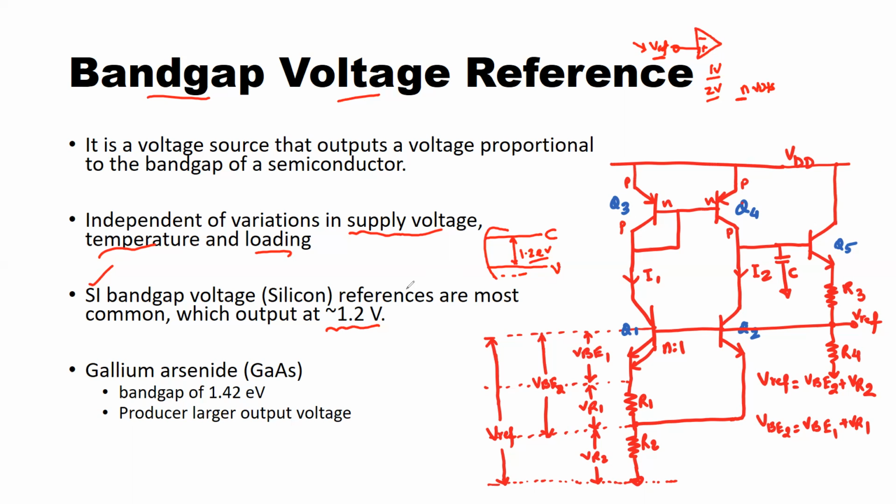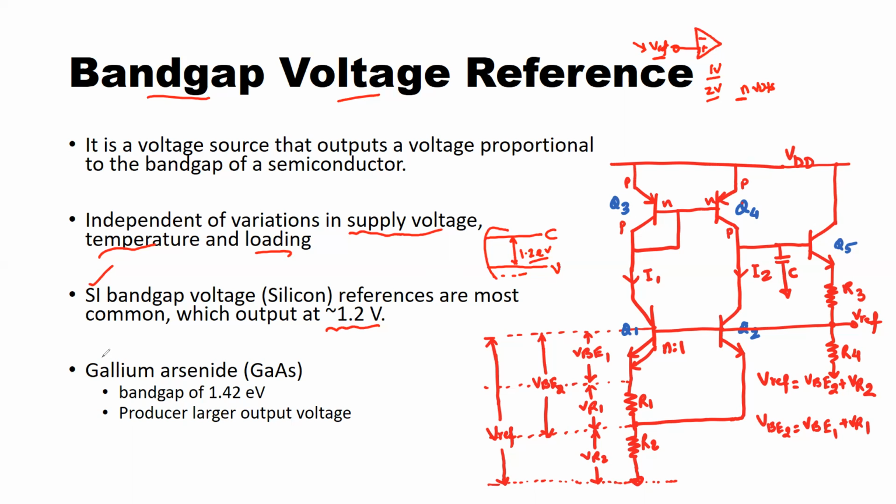Now, not necessarily only silicon can be used to construct and design such references. Any semiconductor, in principle, can be used to design the bandgap voltage reference, and the value of that voltage reference will depend on the type of semiconductor that you use.